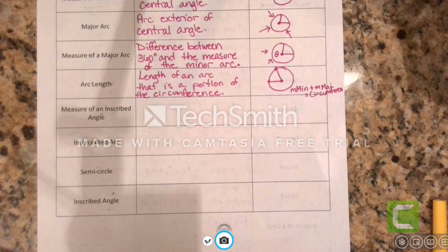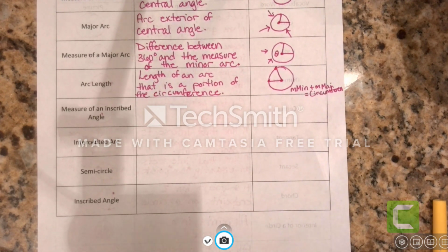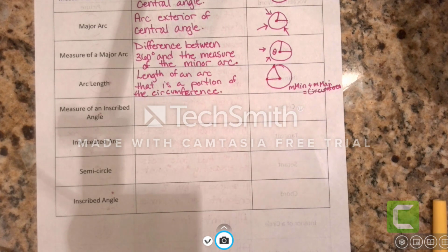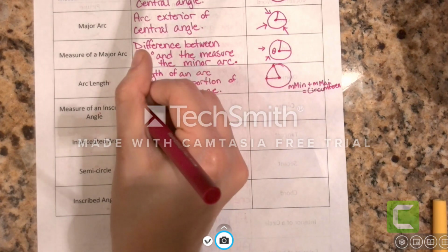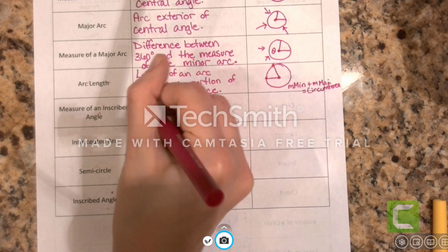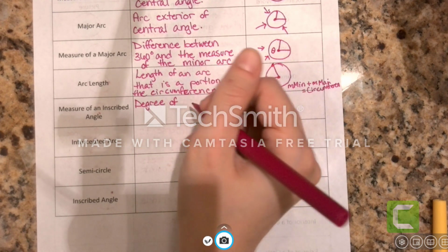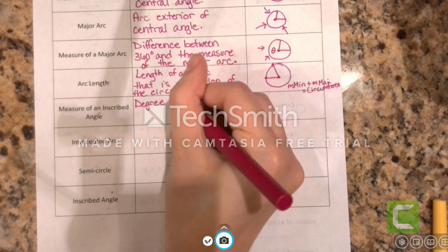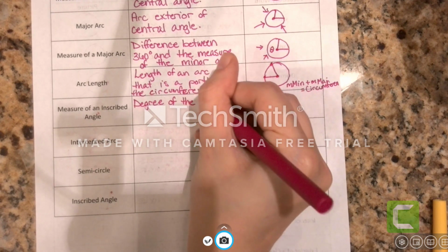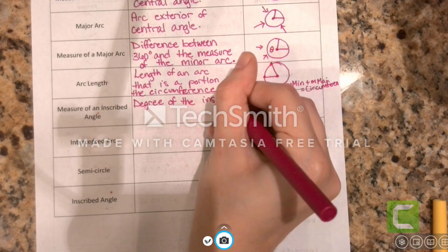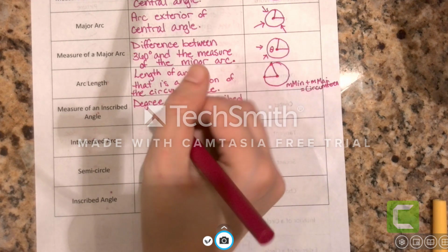So let's move on to the measure of an inscribed angle. And the measure of an inscribed angle is the degree of the inscribed angle.